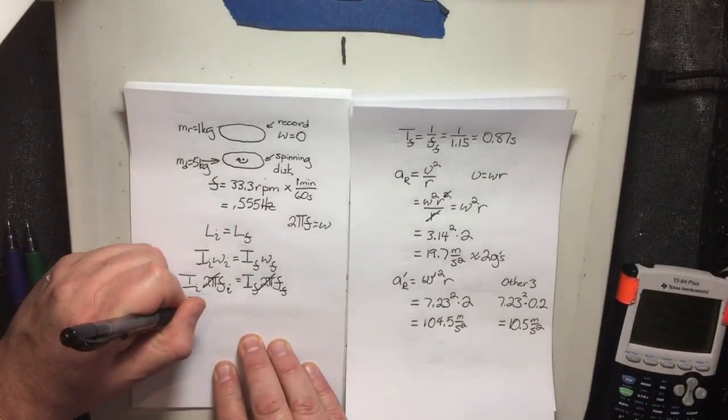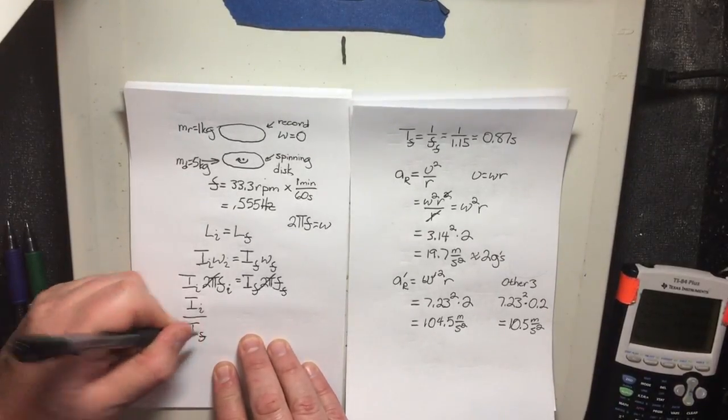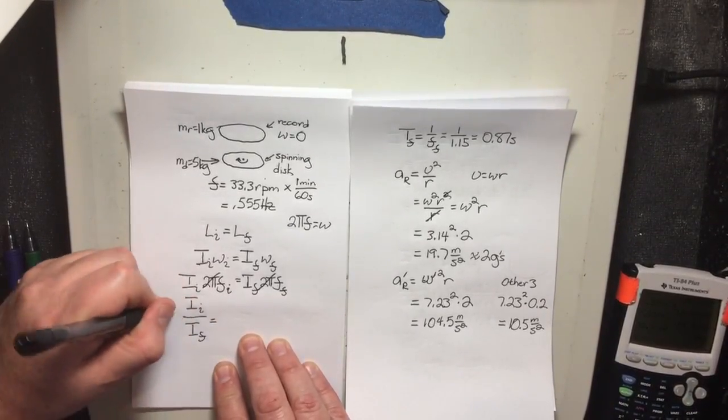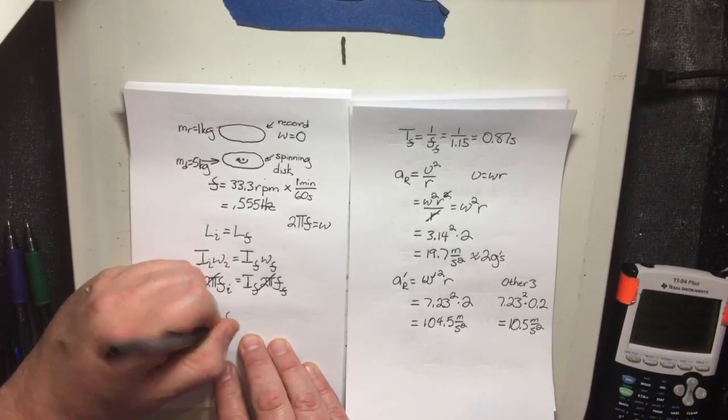And the initial moment of inertia divided by the final moment of inertia is the final frequency.